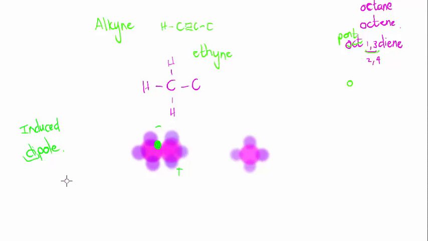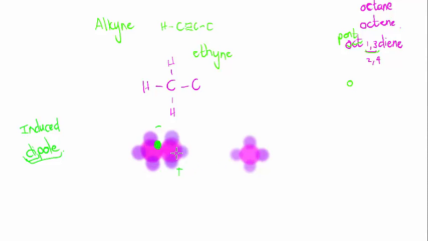You understand? So this dipole means I've got two poles, a positive and a negative, but it's induced because it's not permanent, it's not normal circumstances, it is caused by another effect. And this is caused by the effect of electrons congregating, for some other reason, briefly, and then it's gone again.